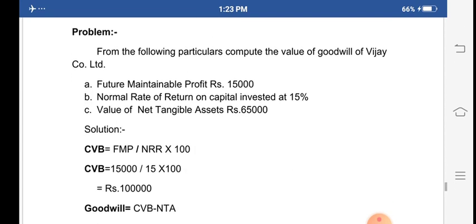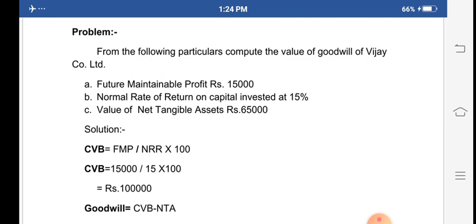From the following particulars compute the value of goodwill of Vijay Company Limited. The data given: future maintainable profit rupees 15,000, normal rate of return on capital invested 15%, and the value of net tangible assets was 65,000. We have to calculate the value of goodwill under the net assets approach.